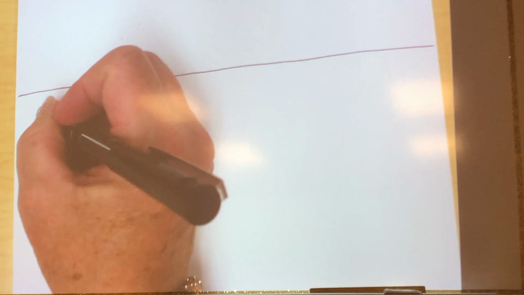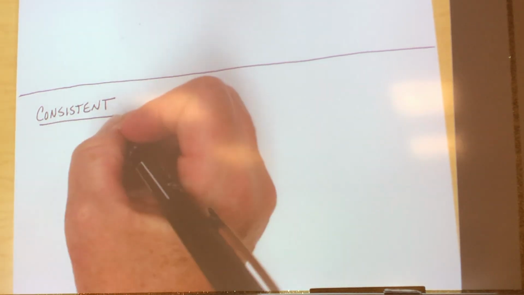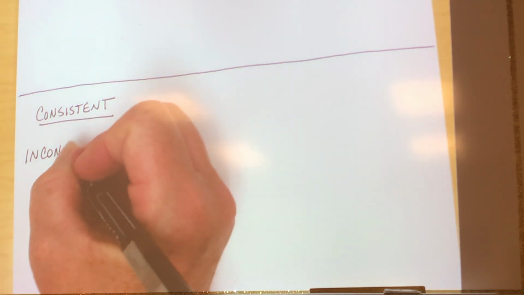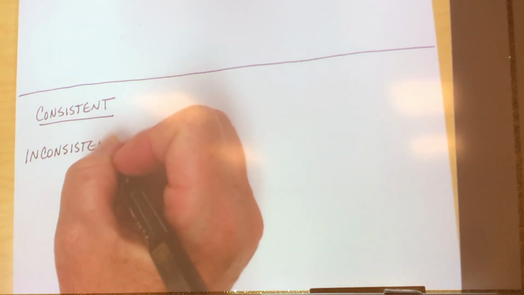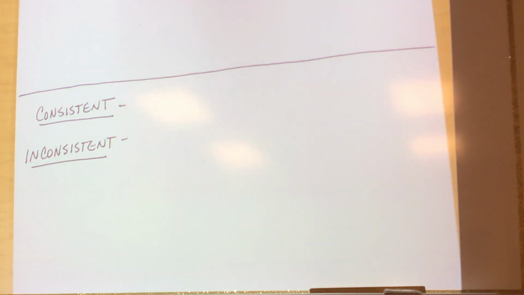All right, so here are the 2 words. One is consistent. And one is inconsistent. Okay, so here it is. One of these means has a solution, and one means does not have a solution.